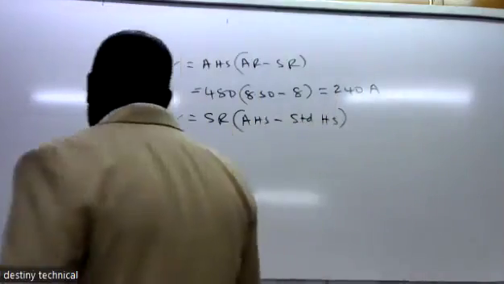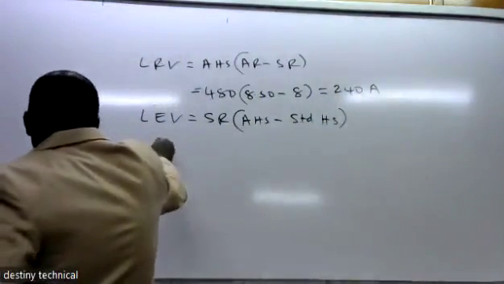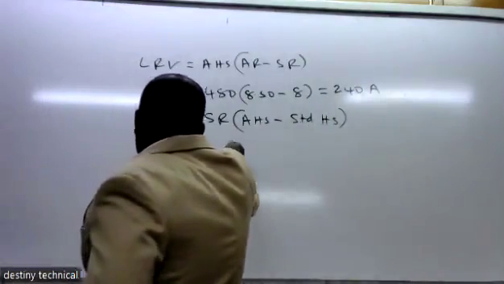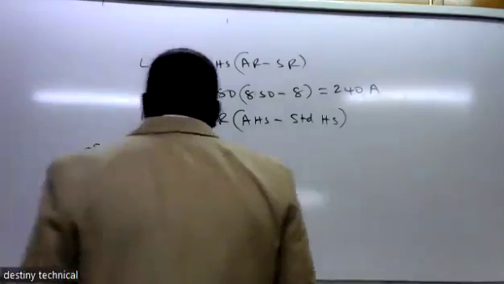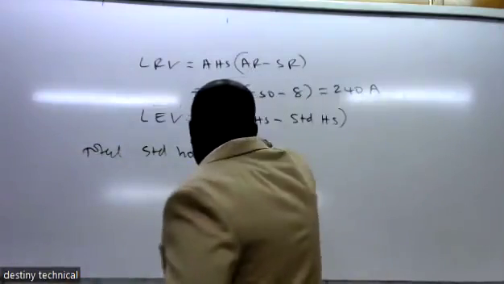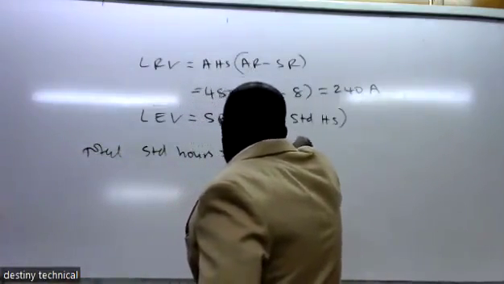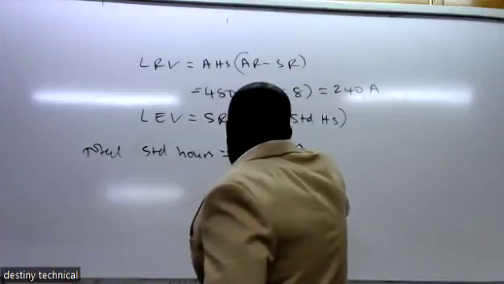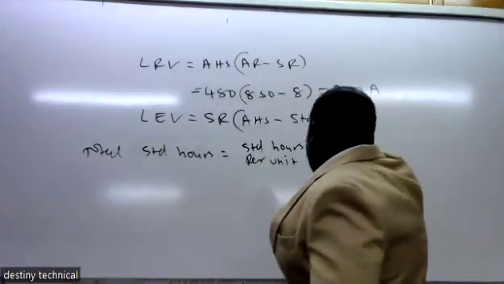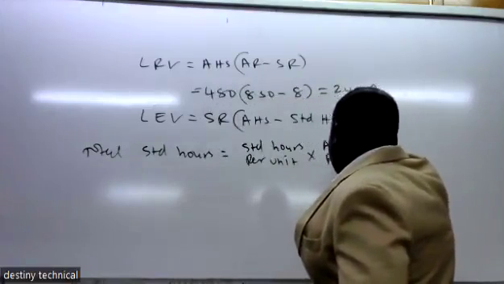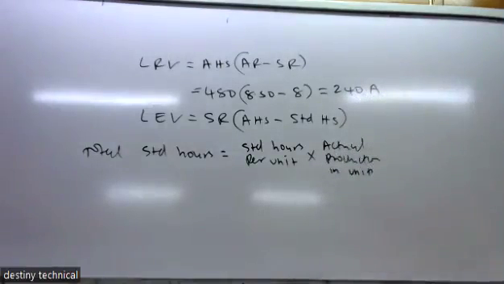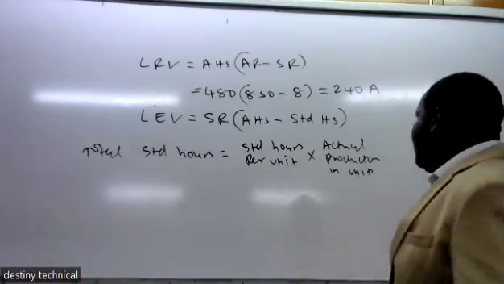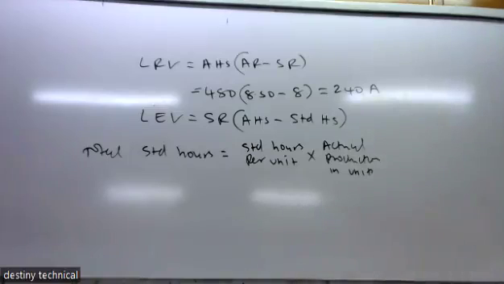So to compute the standard hours, total standard hours will be given by the standard hours per unit multiplied by the actual production in units.